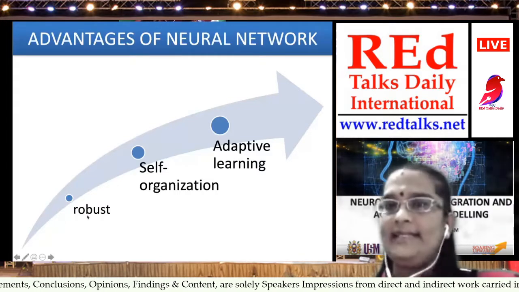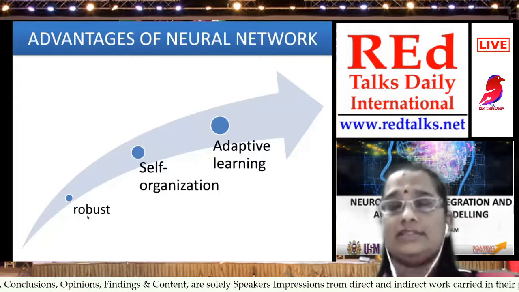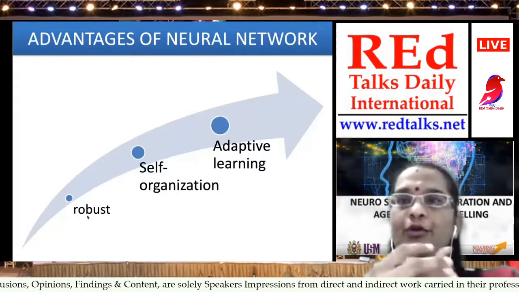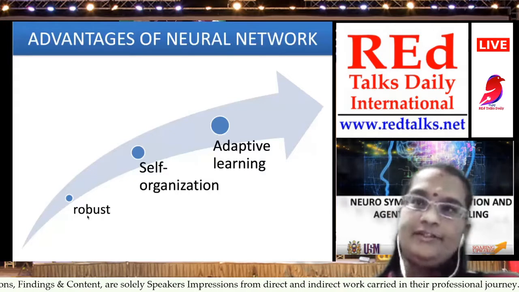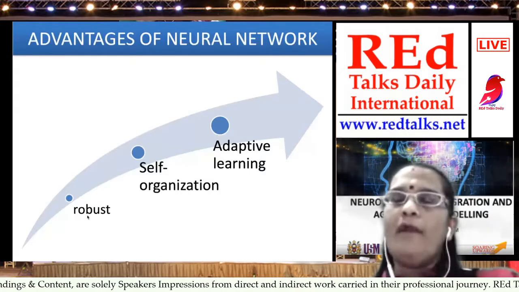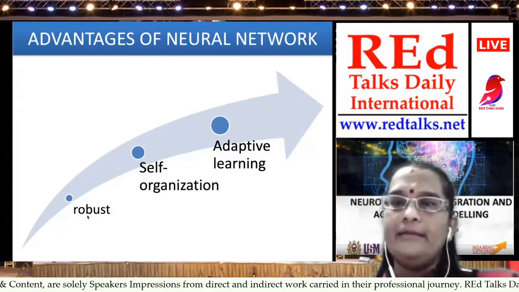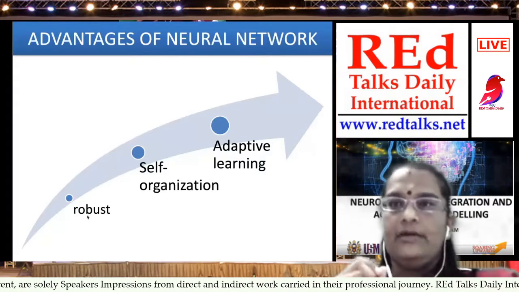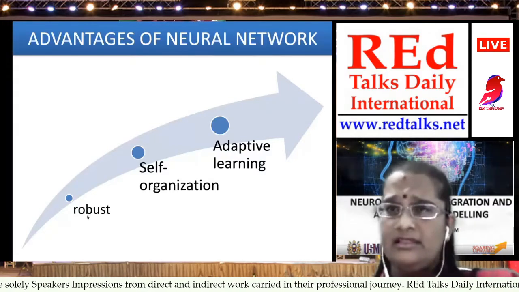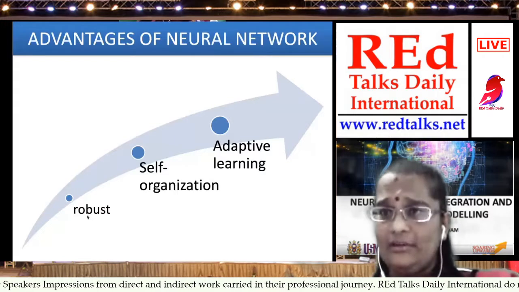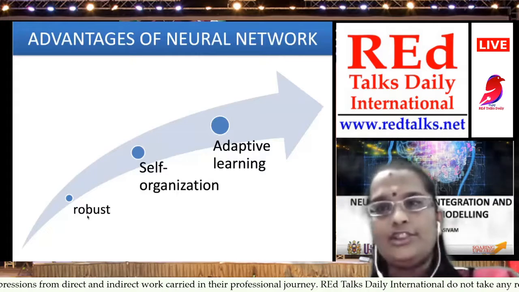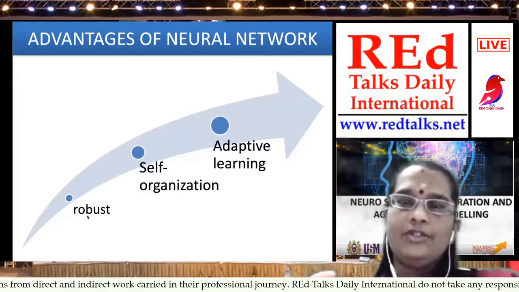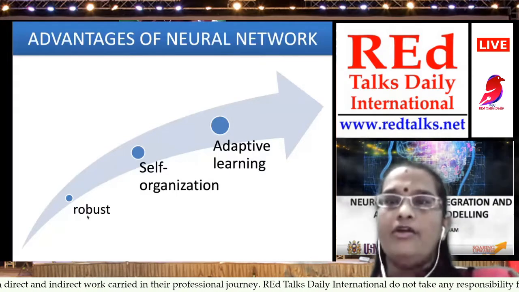Okay, if I look at the advantages of neural networks, one is that they are robust. For example, you go to a bank and do fingerprint tracing. What happens if your fingerprint has some dirt? Can the computer still recall your identity even though your fingerprint has some dust? Yes, sure. Because the computer already has a memory of your fingerprint.